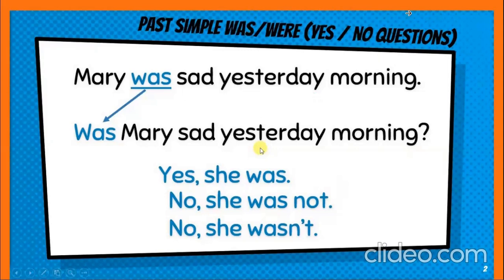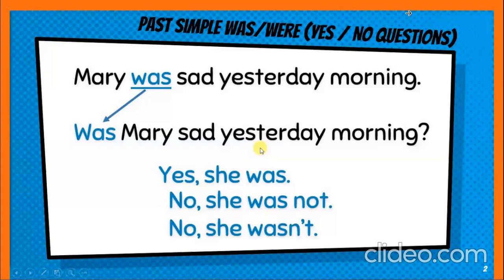Never mind. Okay, we have the past simple was and were with the yes and no question. Previously, we had the general ones with the simple past with different verbs. But in this case, we have the simple past with the verb be.